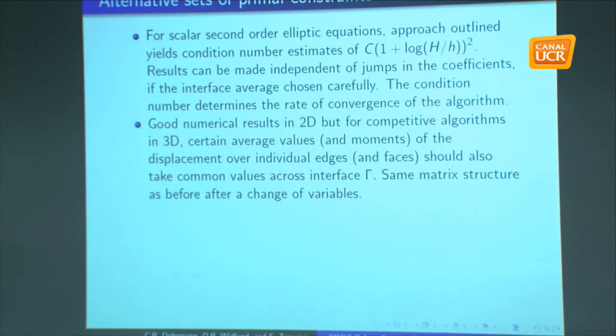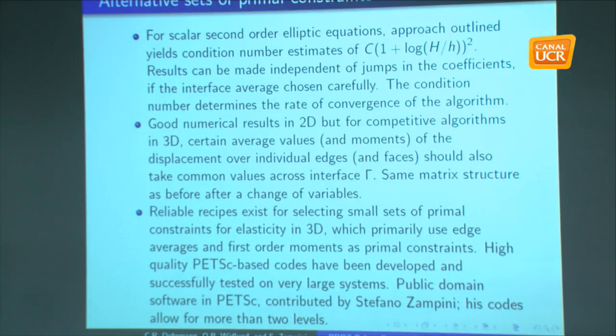And if you change the variables, then you can still work with the same matrix structure that I showed, this arrow shape. Okay, so reliable recipes exist for selecting small sets of primal variables. And also, these algorithms have been implemented in PETSc-based codes.